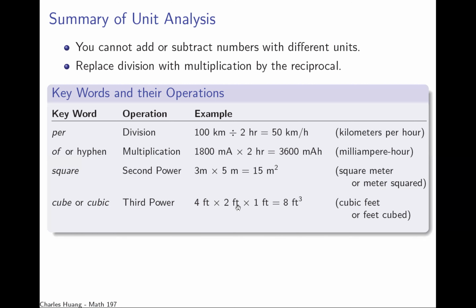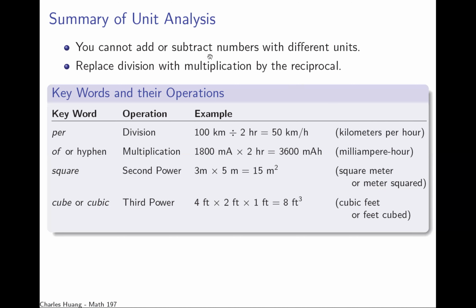When I have three of the same units multiplying together, I would call this cubic feet or feet cube. So whenever you read the units that you are required to find, this tells us how we should go about finding that unit. If we have something that's in kilometers per hour, that means we have to take kilometers and divide it by hours.